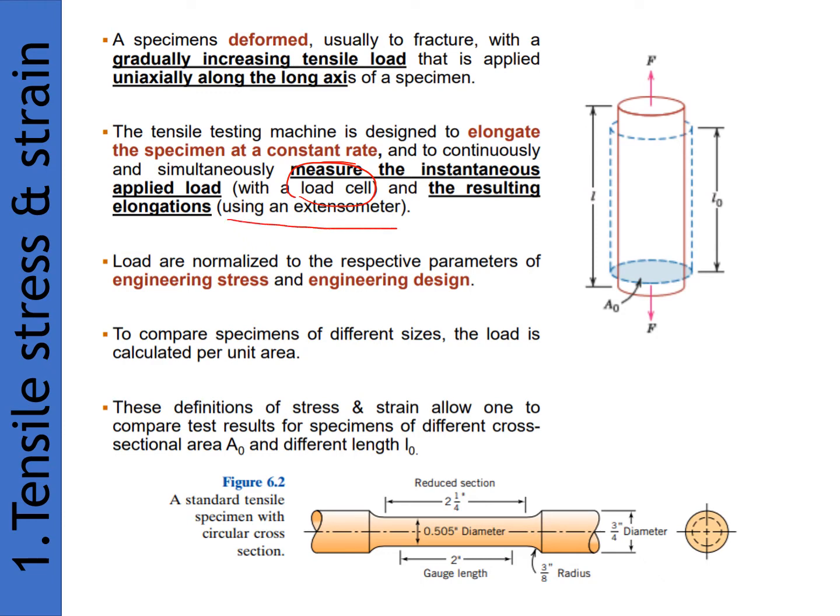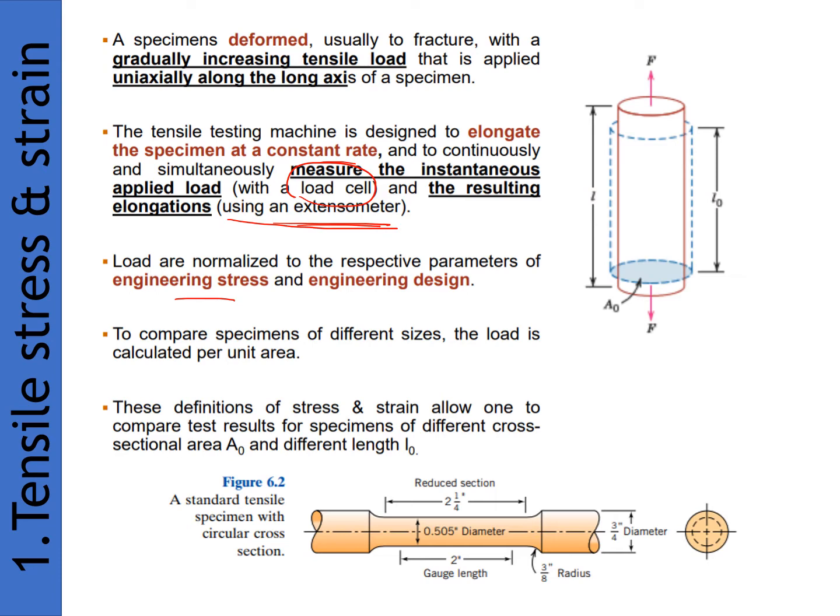In this case, we are using the extensometer. The loads are normalized to the respective parameters of engineering stress as well as engineering strain. The load-deformation characteristics are dependent on the specimen size.